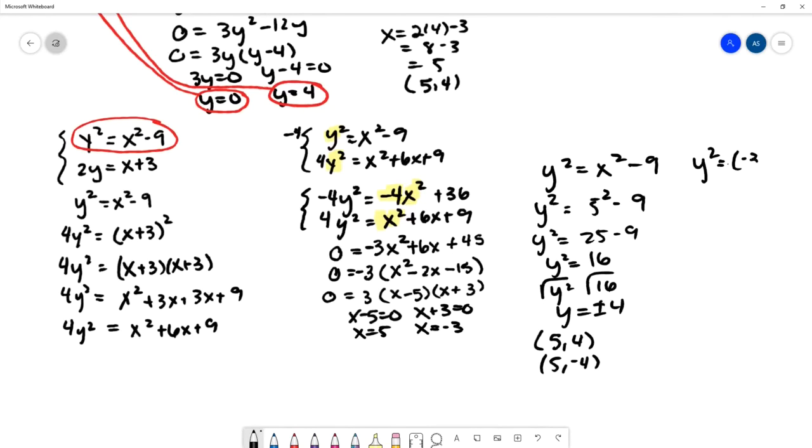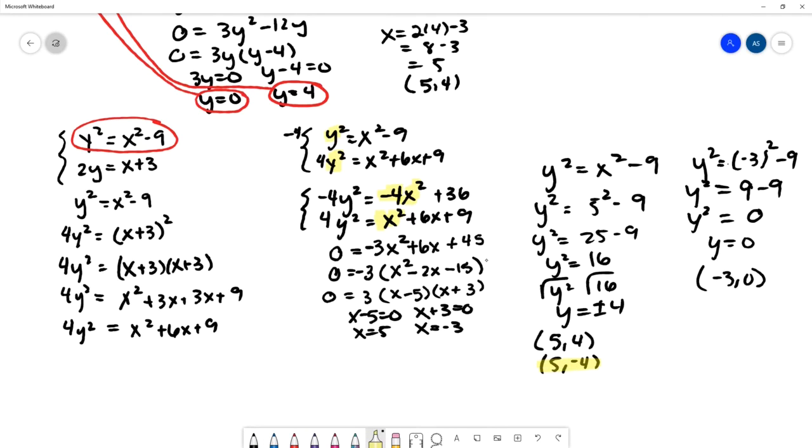Y squared is negative 3 squared minus 9. Negative 3 squared is 9. 9 minus 9 is 0, so we get y squared equals 0, so y is 0. That gives the ordered pair negative 3, 0, just like we got before.